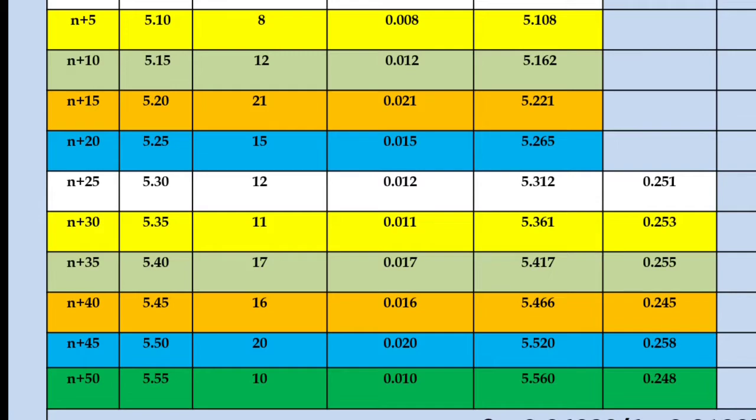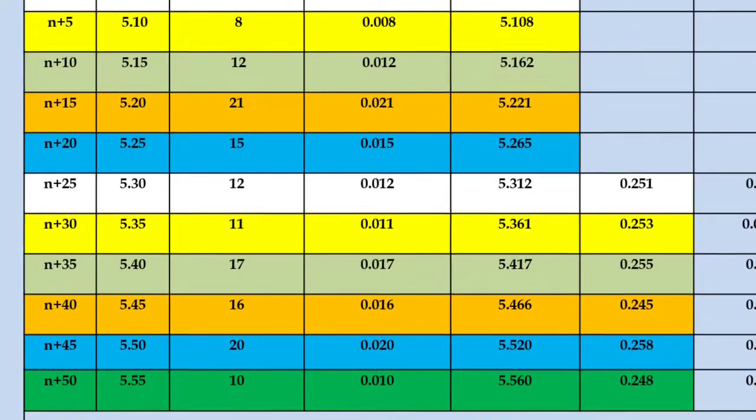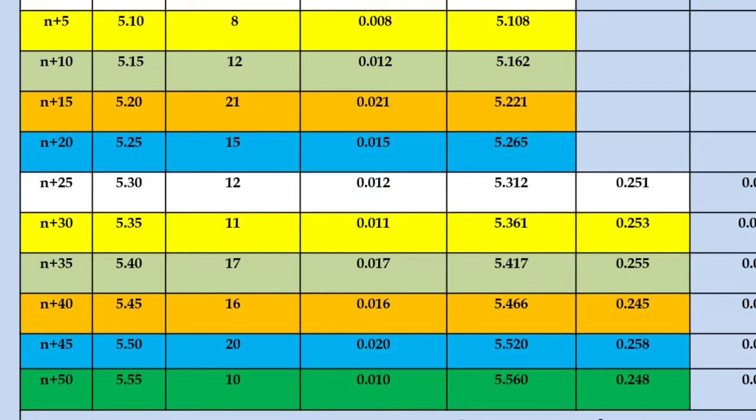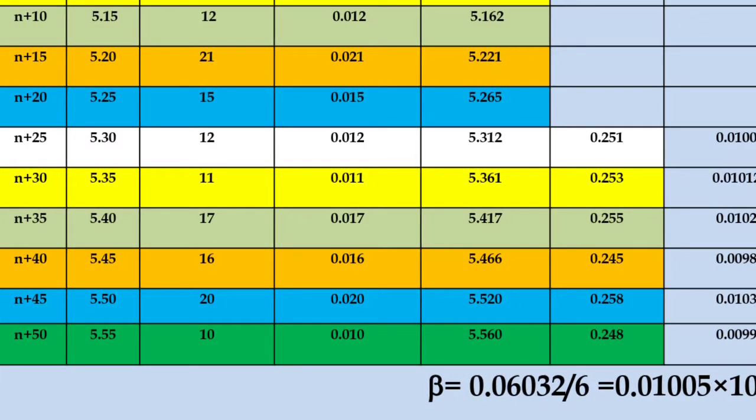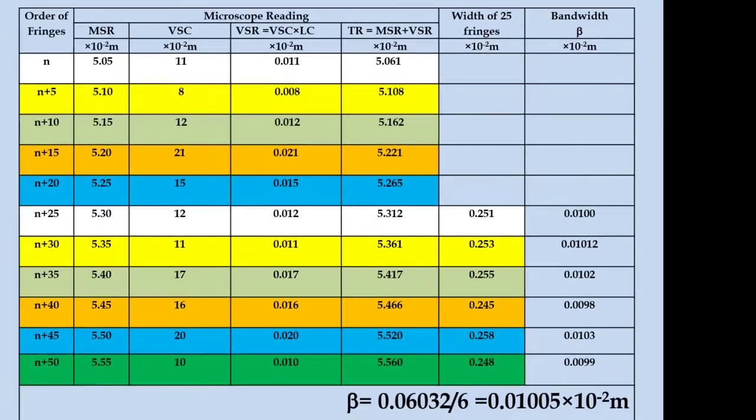The next 25-fringe width is n plus 35 and n plus 10, highlighted in green color, and the next one is n plus 40 and n plus 15, highlighted in orange color. Then n plus 45 and n plus 20 is highlighted in blue color. Then n plus 50 and n plus 25.